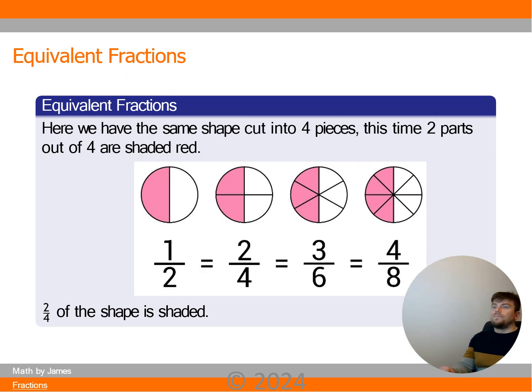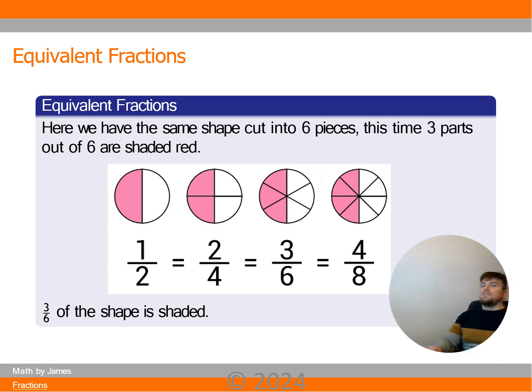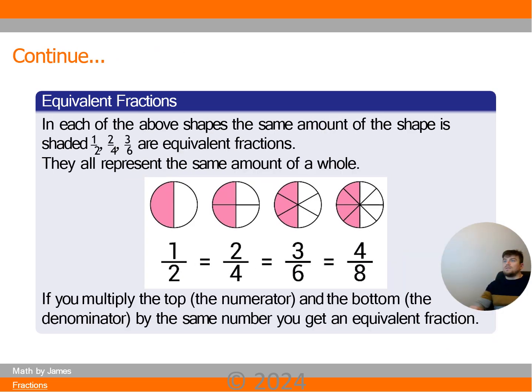So again, on the next one, we cut 4 pieces and 2 parts are shaded. Then we cut it into 6 pieces and 3 parts are shaded. Then we can cut it into 8 parts.